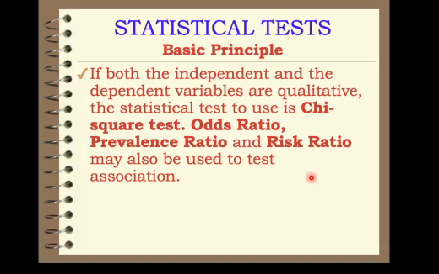Now, if both the independent and the dependent variables are qualitative, the statistical test to use is a chi-square test. Odds ratio, prevalence ratio, and risk ratio may also be used to test the association for a 2x2 table.